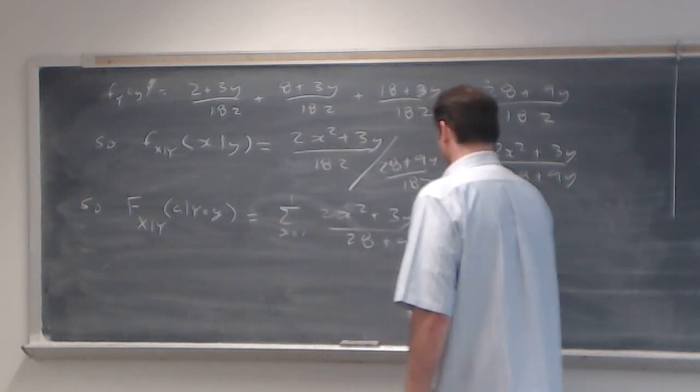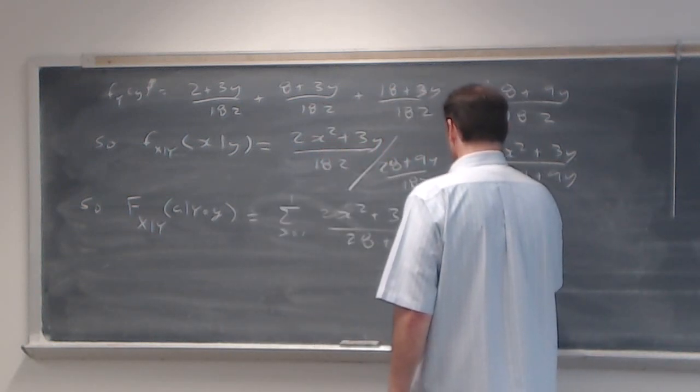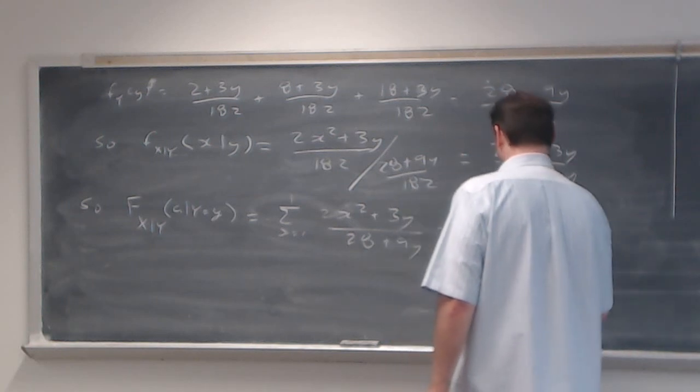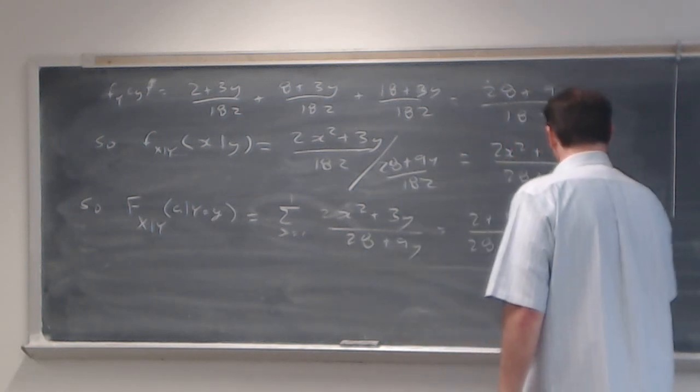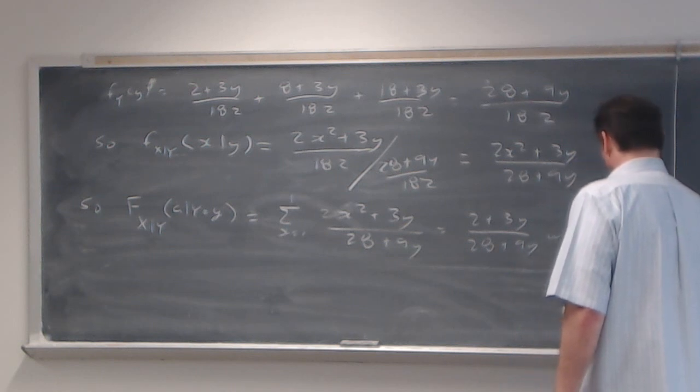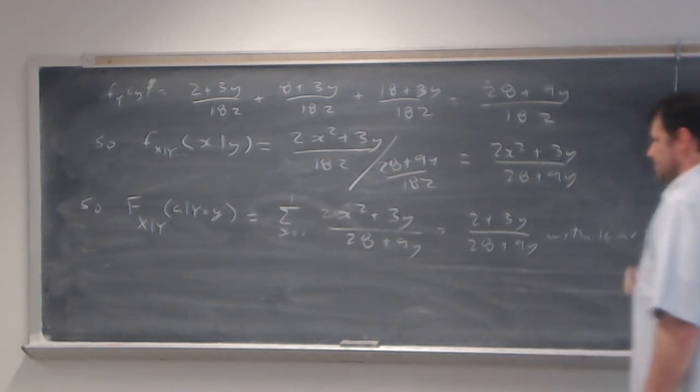Here I'm just letting x be 1, so this ends up being 2 plus 3y over 28 plus 9y, in this case where 1 is less than or equal to a, which is less than 2.